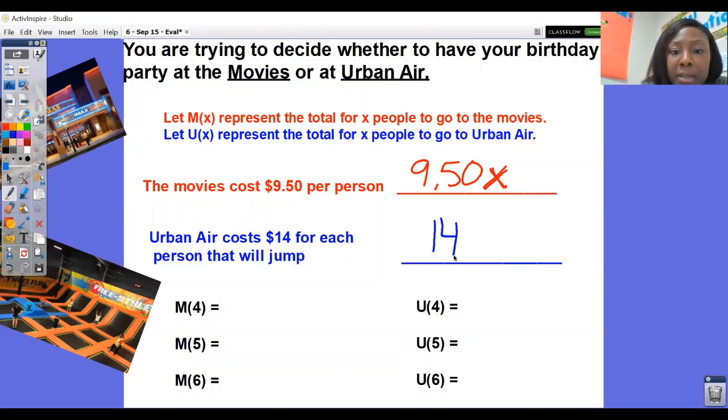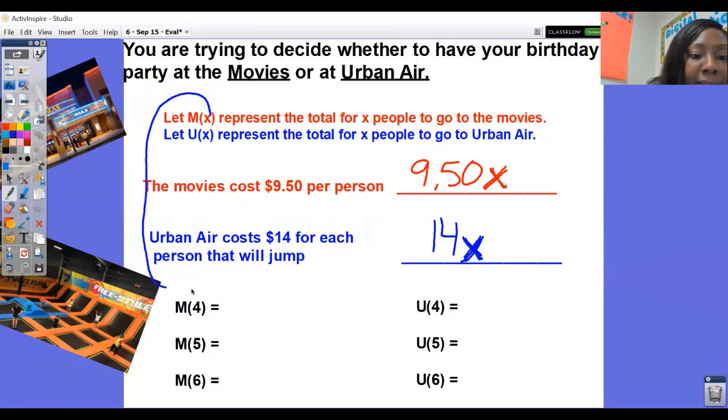So 14 per person that will jump for that one. And down below, it asked me to evaluate. This is evaluating. We're just plugging in. Do you notice that up at the top, M had an X inside of the parentheses? But now at the bottom, they replaced it with a 4. That means X equals 4.